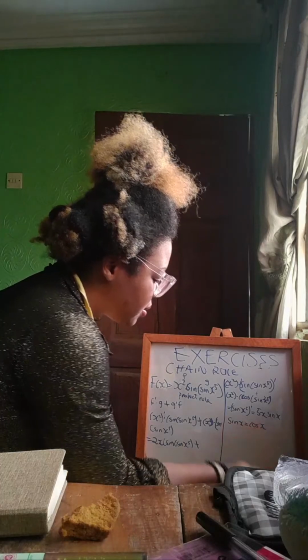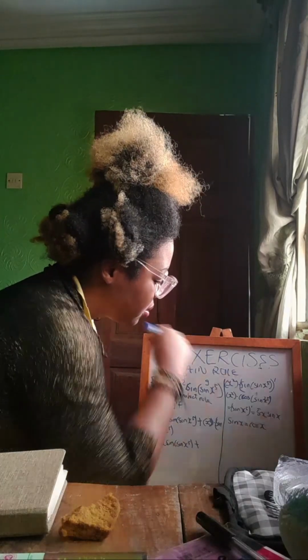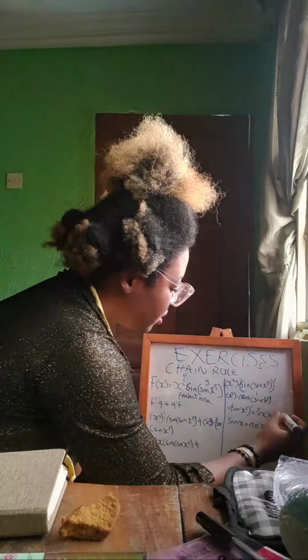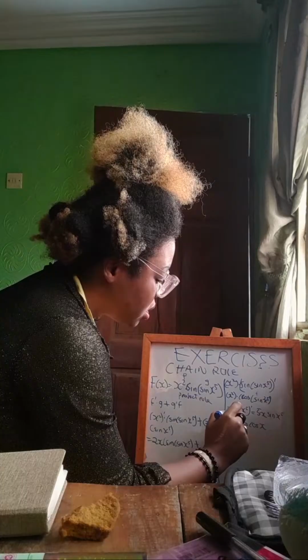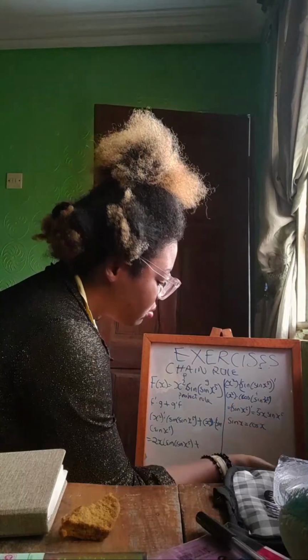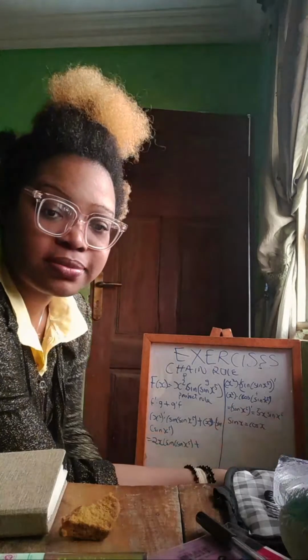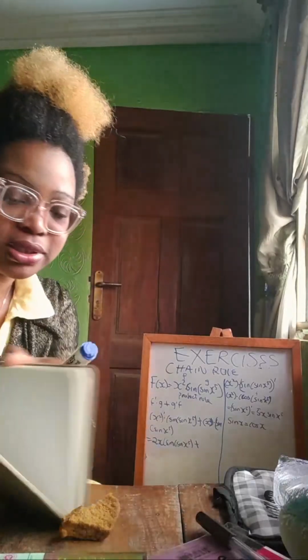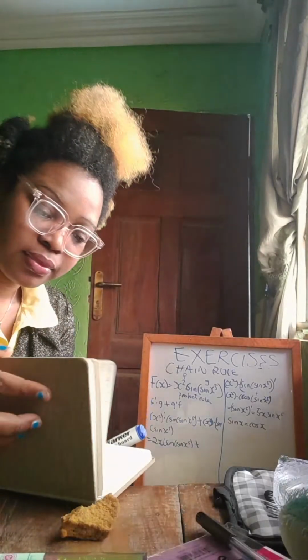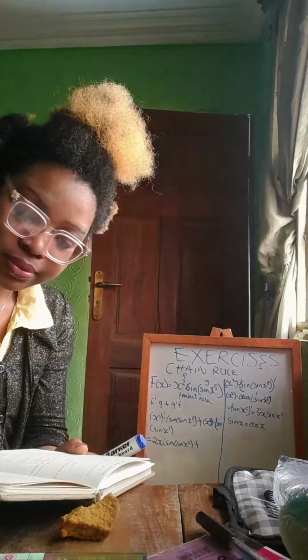Cos x. Sine x to power 5, sine x will give me cos x. Oh, I guess I'm still struggling with this. I guess I'm still struggling.